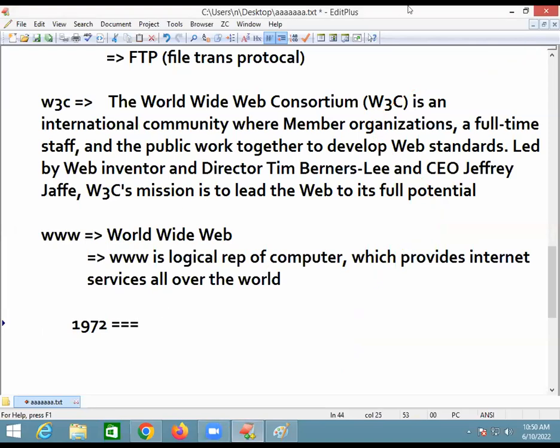So in 1972 the network was introduced, and we already discussed that one point. But when was the web introduced, sir? Web started very first in 1990, sir. Web started in 1990. Networking started in 1972.